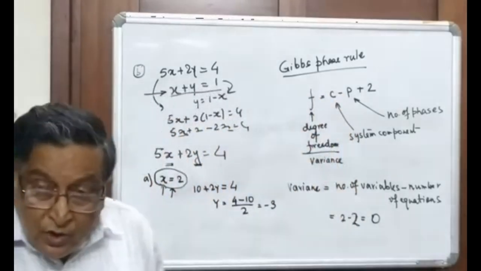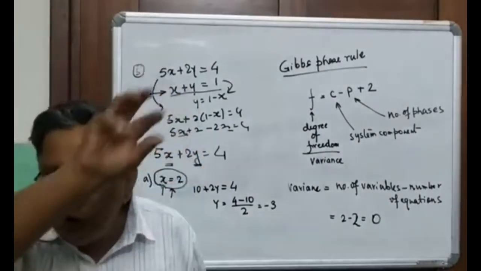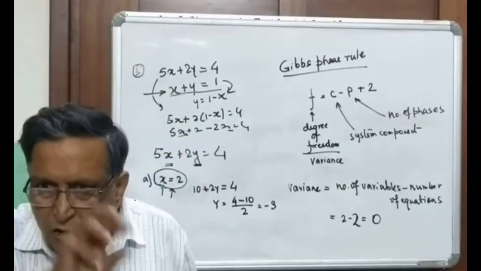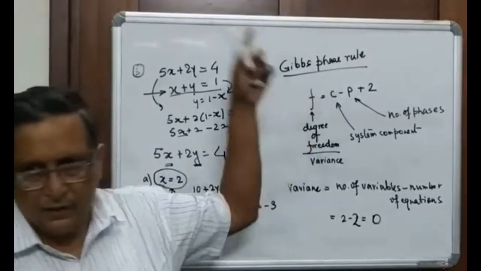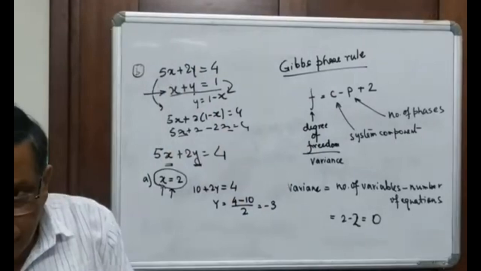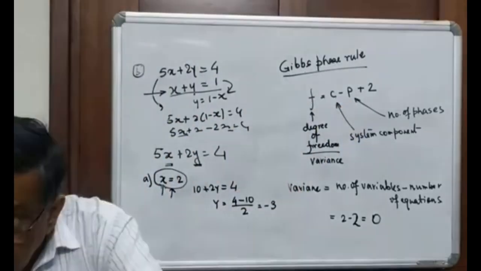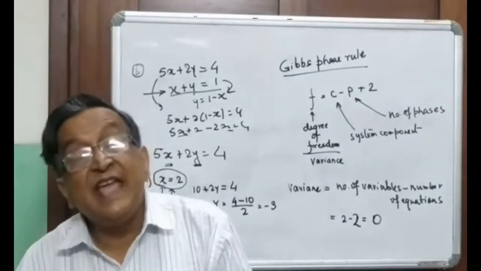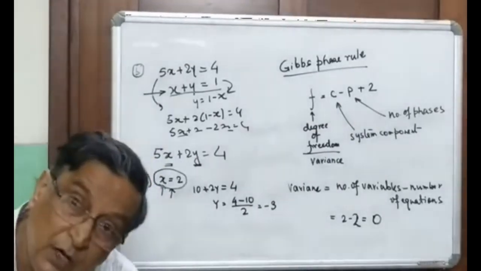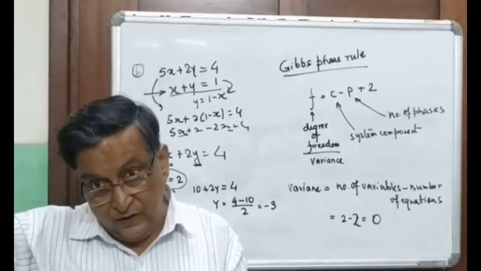Now, there are minerals. I should know the compositions of all minerals to find out the system components. I should know all the thermodynamic phases, and that may or may not include fluid phases that I told you before.